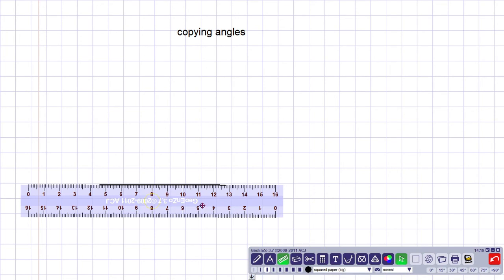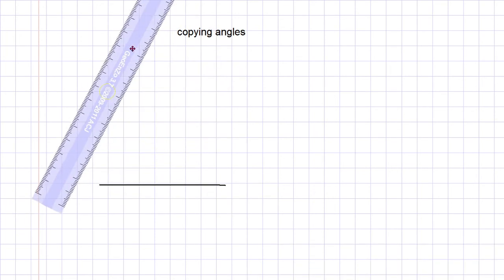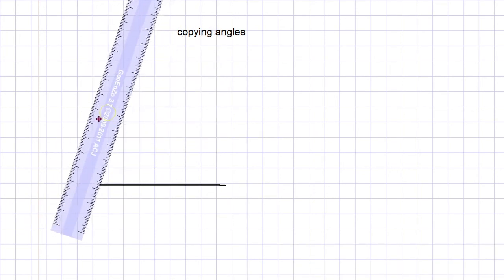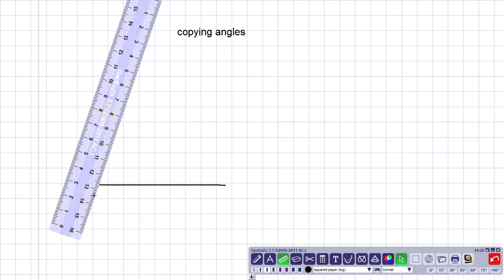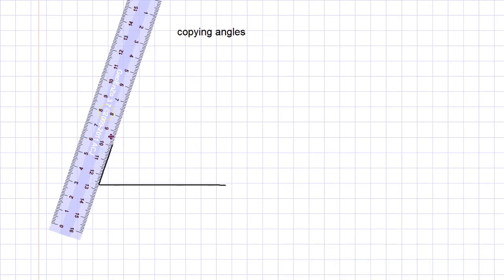Using ruler, draw any angle. We don't know the magnitude of this angle.